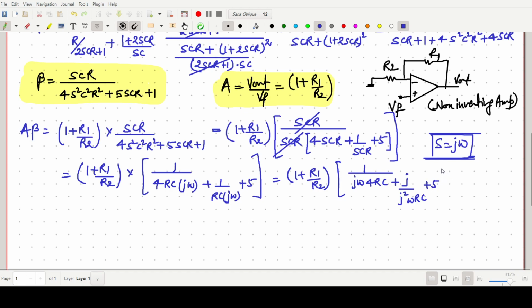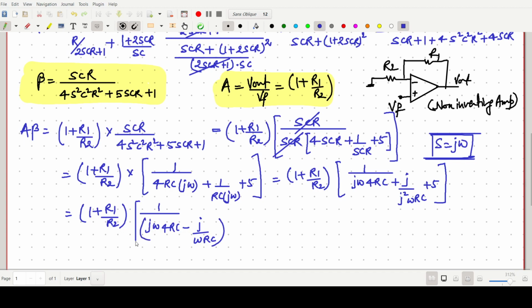We just have to find the value of A beta, then we can easily identify the frequency of oscillation. Now j square is minus 1, so one can write 1 by j omega 4 RC minus j by omega RC plus 1.